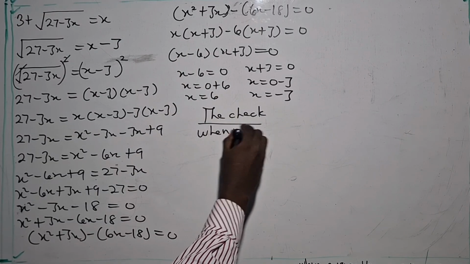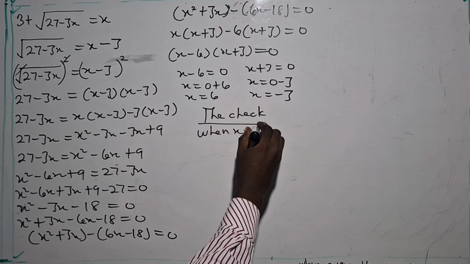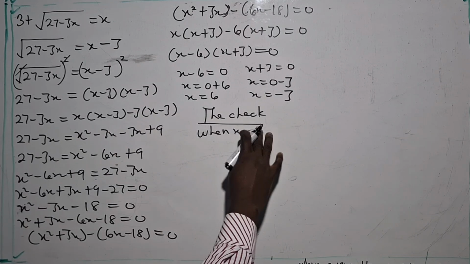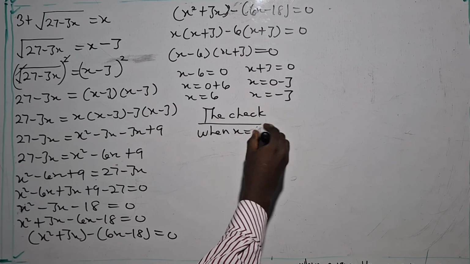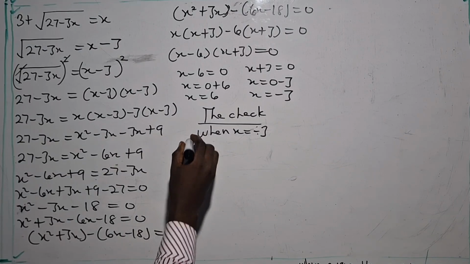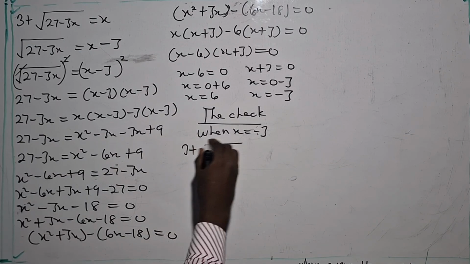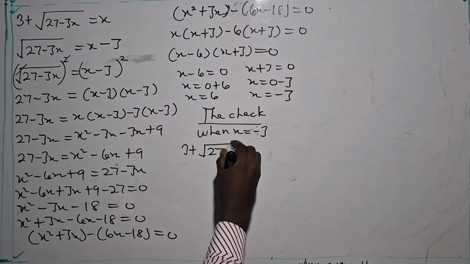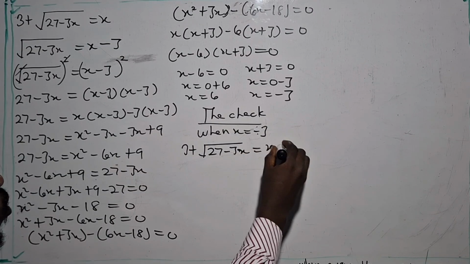let's use the first value. Let me even use the negative 3 first. When x is equal to negative 3, the equation is 3 plus the square root of 27 minus 3x is equal to x.